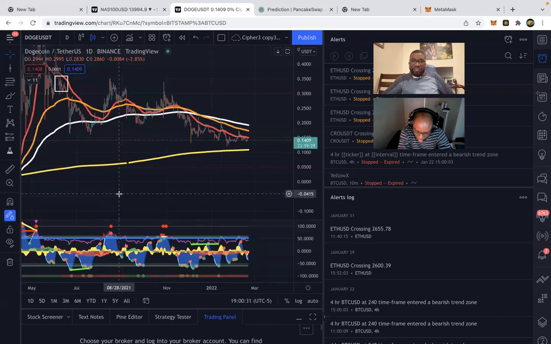Another question I have is, I know we're running out of time, but just a few more questions. Why do you use Femex also for trading the crypto pairs? I actually used to use Binance, but in the US we're not allowed to use futures trading on Binance. We have our own Binance.us that has limited stuff.